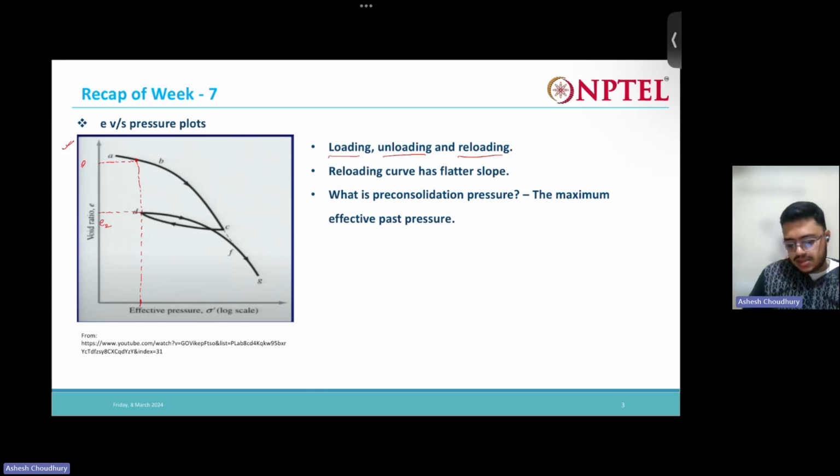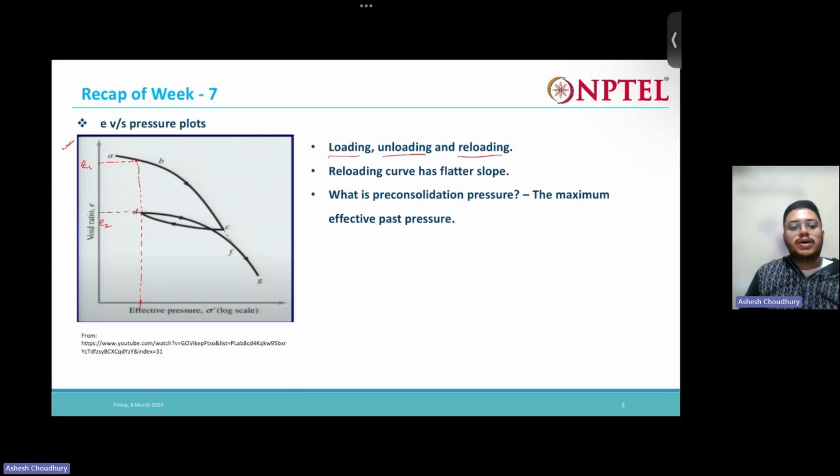So obviously you can see this E2 is lesser than E1, right? So that means what? Even if we reduce the load, the soil already has undergone some permanent deformation. It does not go back to E1 again. Now it only gets back to E2 void ratio.